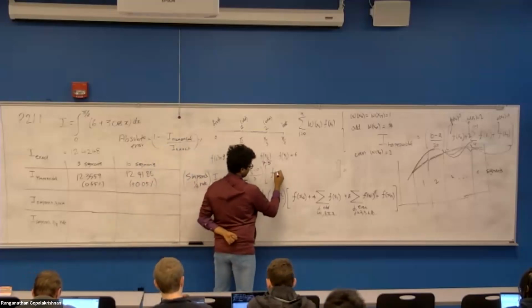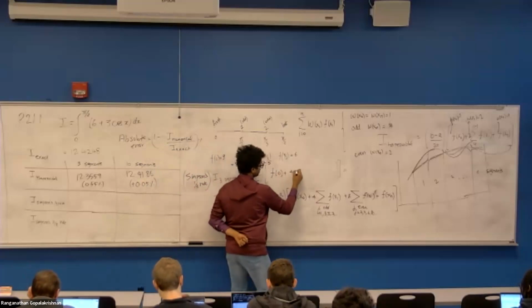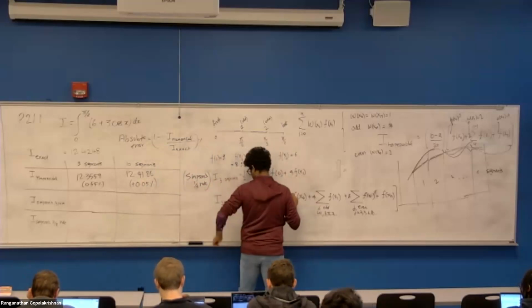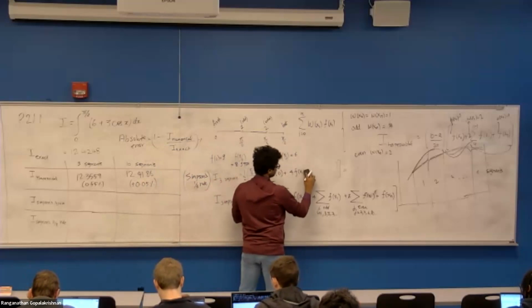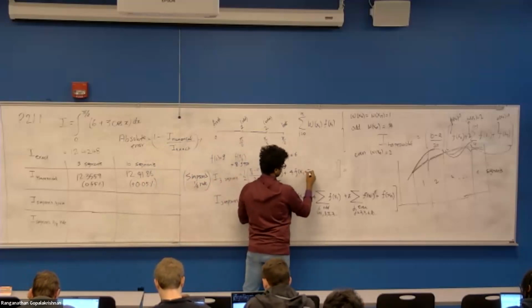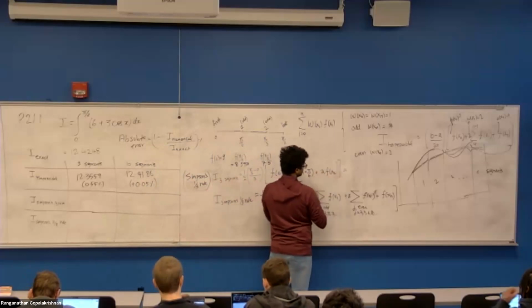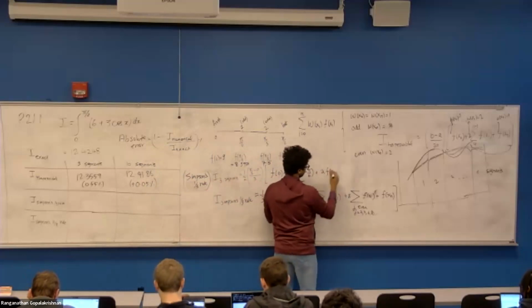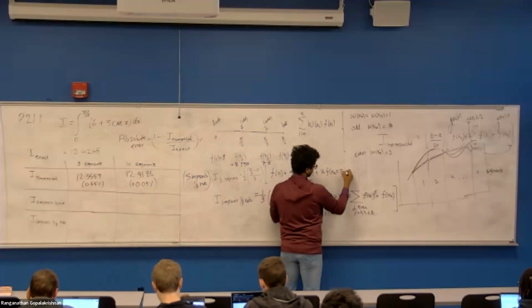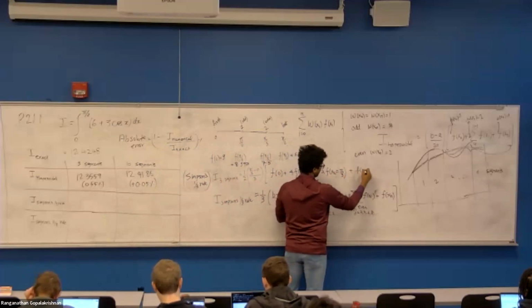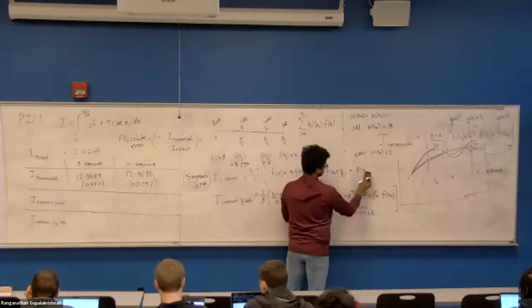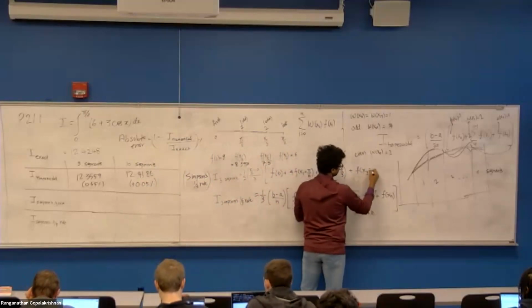We are going to have f of 0 plus 4 times f of x1, which in this case is 5/6, plus 2 times f of x2, which is 5/3, plus f of xn or x3, which is equal to 5/2.